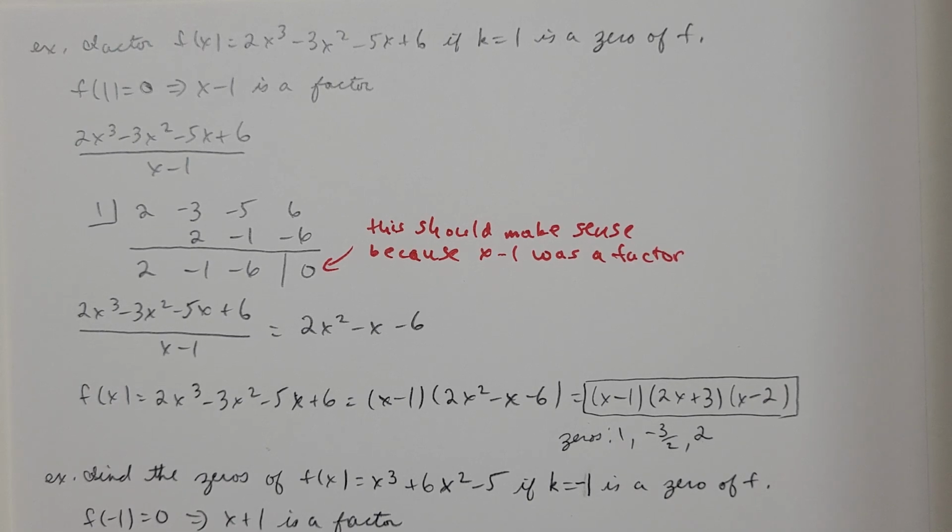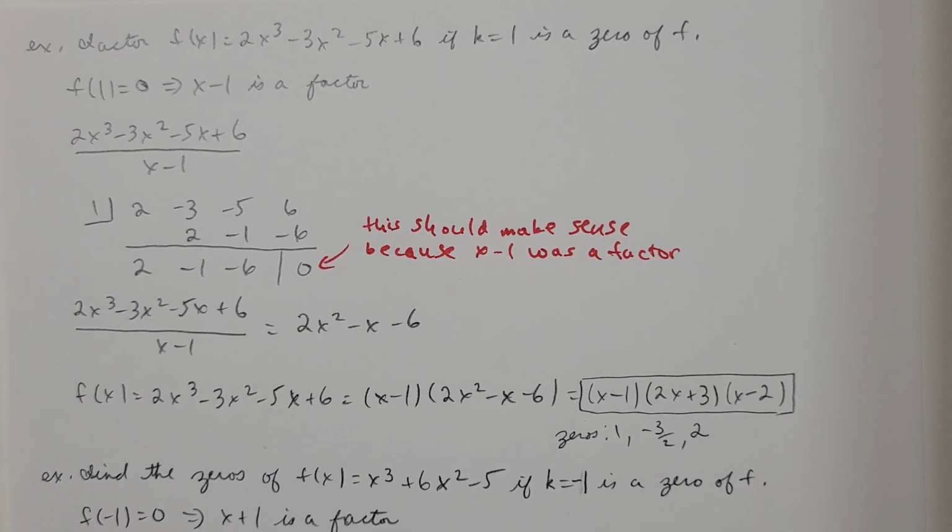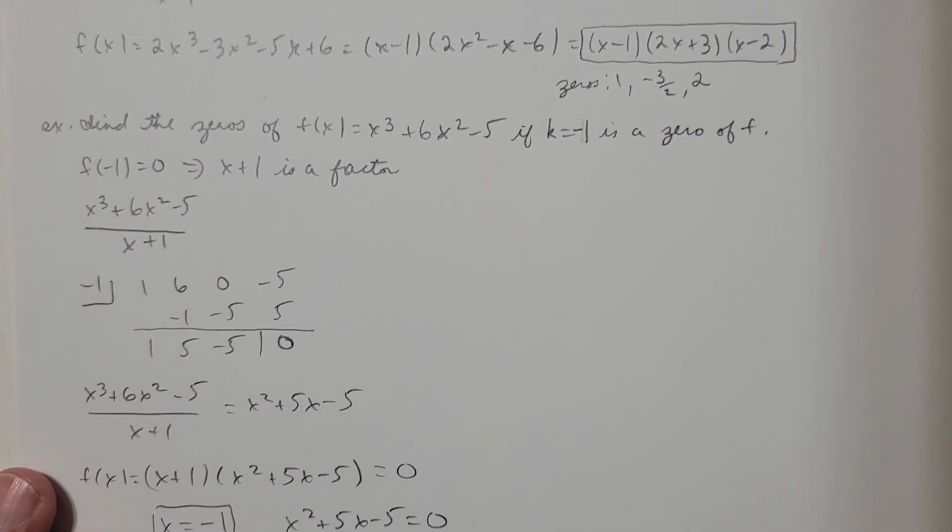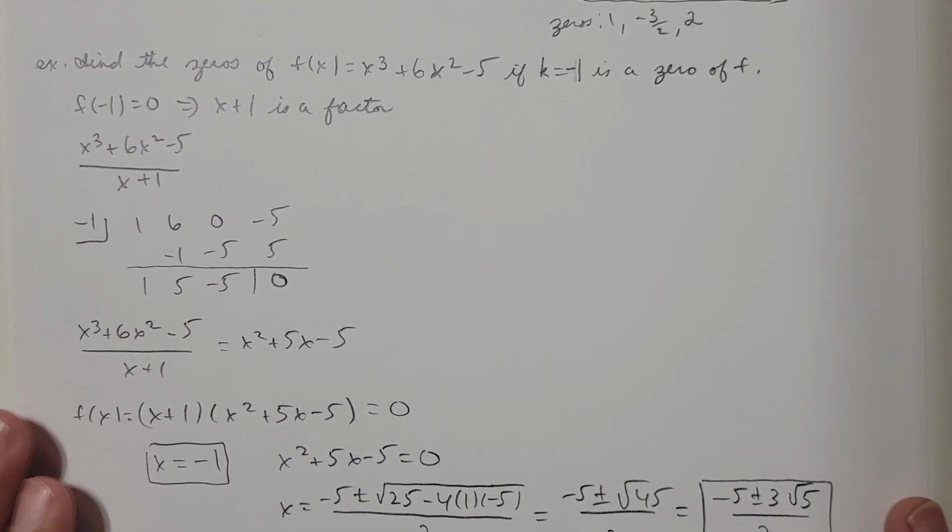Okay, let me show you another similar problem. In this next one, let's find the zeros for the function f of x equals x cubed plus 6x squared minus 5, if k equals negative 1 is a 0 of f.